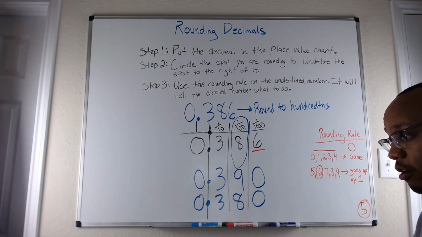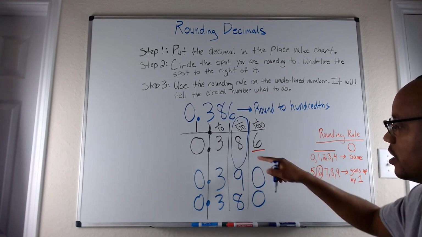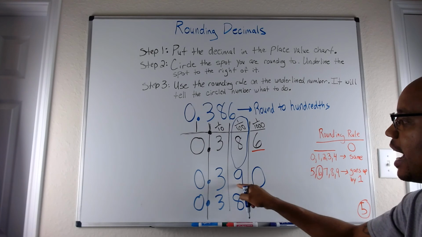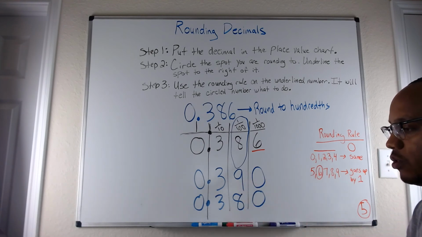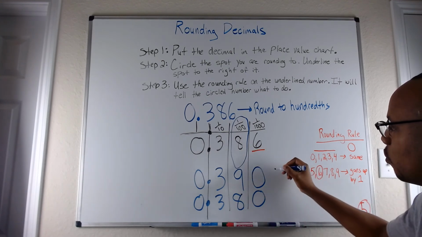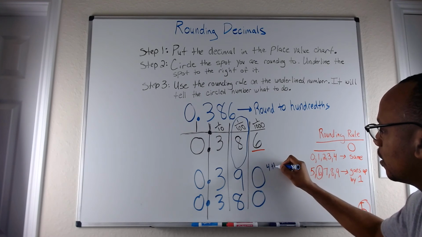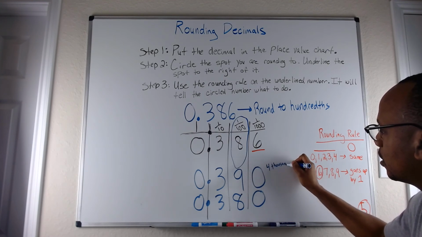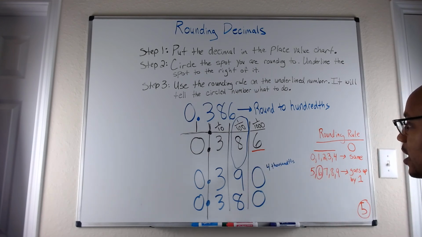Now ask yourself, is 386 thousandths, is that close to 390 thousandths, or is it close to 380 thousandths? Well, 386 thousandths is only 4 thousandths away. That's only 4 thousandths away.